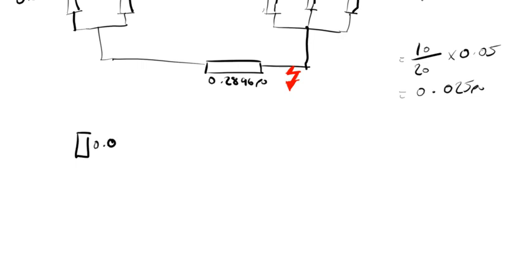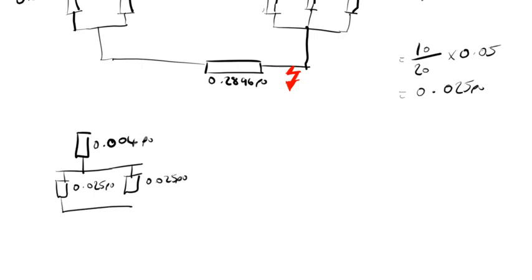Now because it's on this side of the line, our line reactance goes here, 0.2896 pu, and then all of this is in parallel with our three transformers at this side, which were 0.06 pu each.